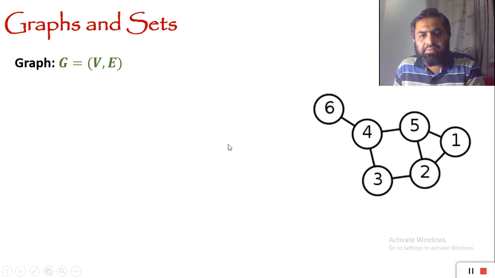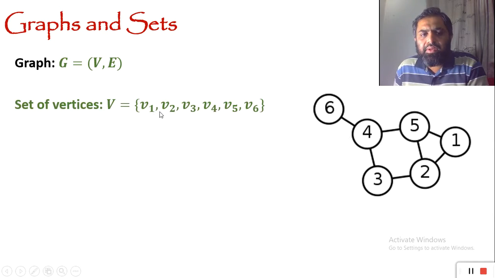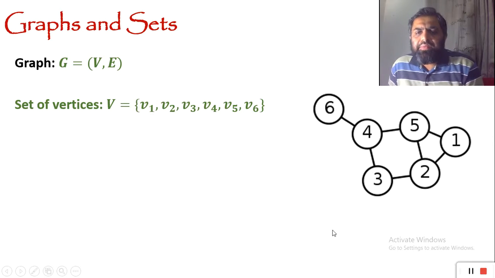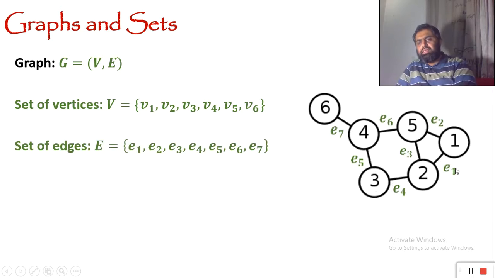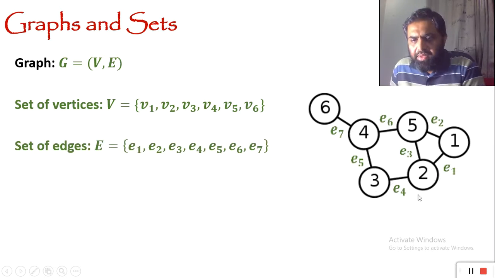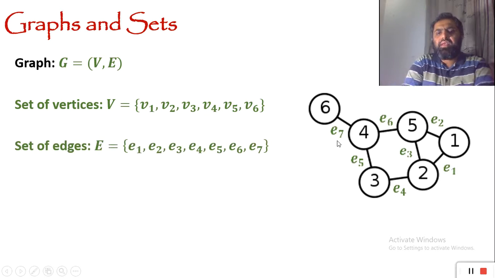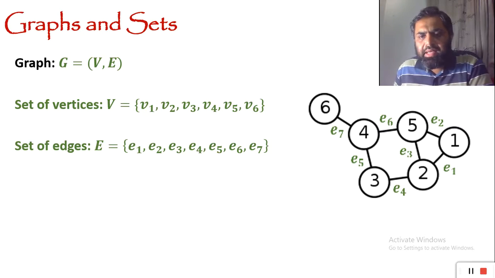We denote these vertices by V1, V2, V3, V4, V5, V6. So the set of vertices V is a collection of 6 vertices. And then we define certain relationships, which are represented with edges. Let's name them: we have E1, E2, E3, E4, E5, E6, E7. So we can represent these edges in set notation.